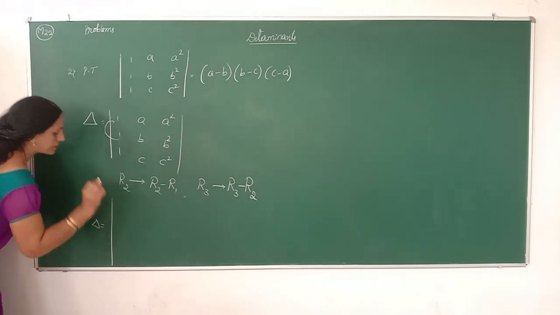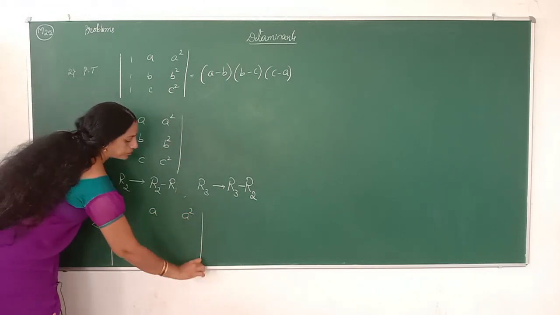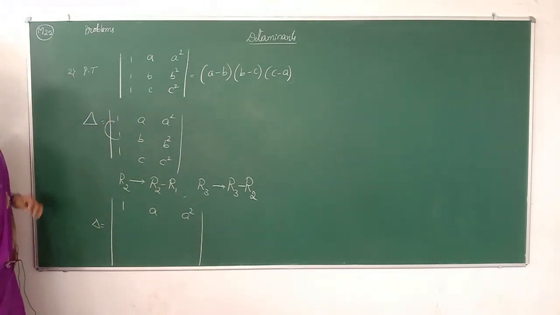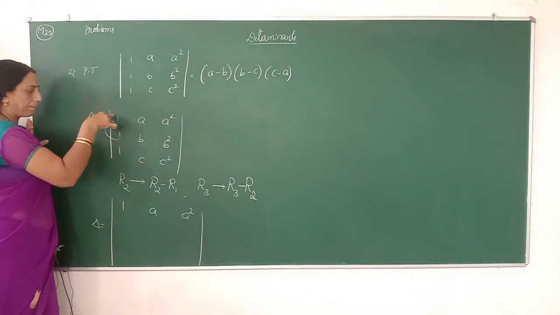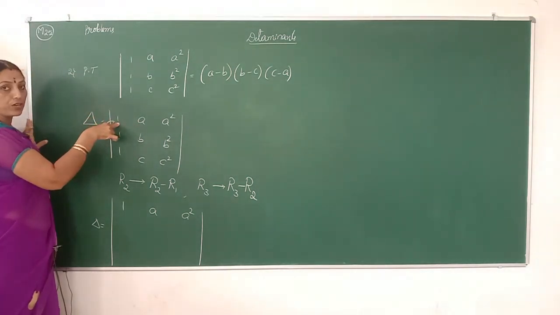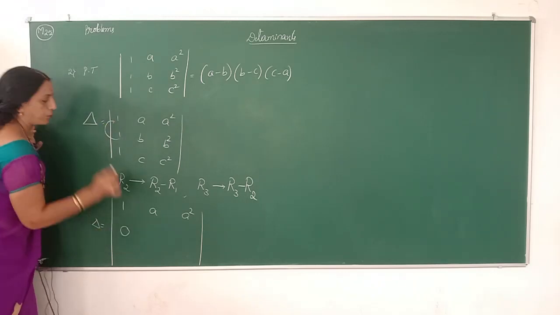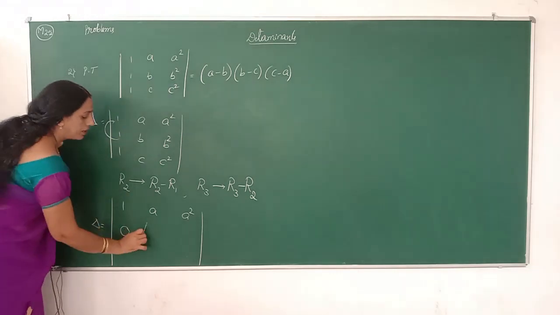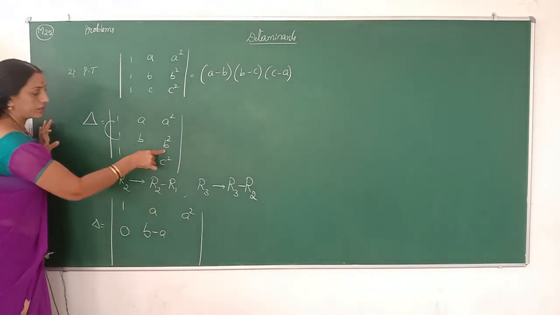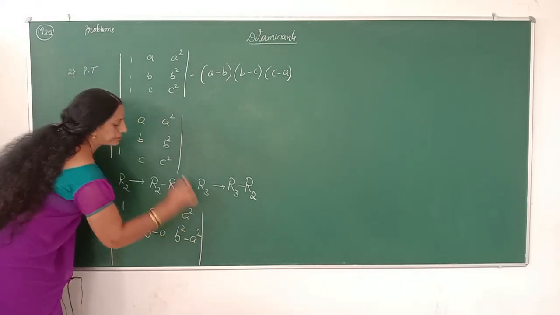Therefore, delta is: the elements of the first row do not alter, 1, a, a square. Then the elements of the second row are subtracted with the corresponding elements of the first row: 1 minus 1 is 0, the second element is b minus a, and the third element is b square minus a square.